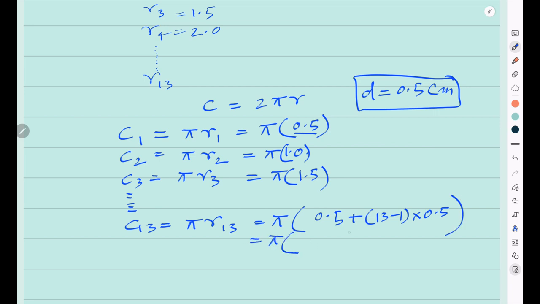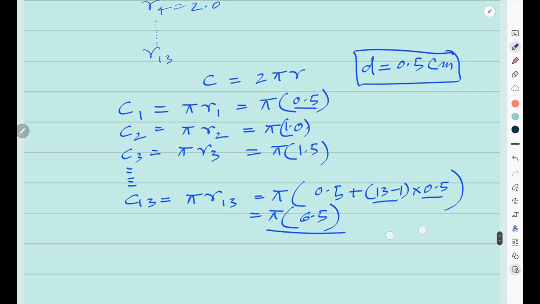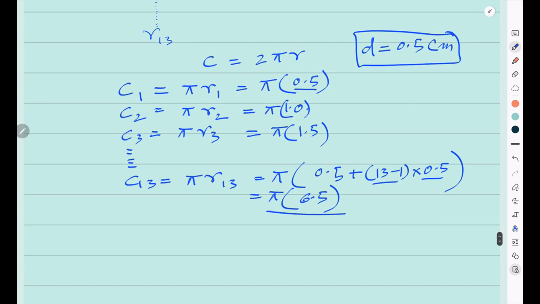So for the last circle, 12 times 0.5 will be 6, and then 6.5. Okay, so that will be the radius of the last semicircle. And we need to find out the total length.